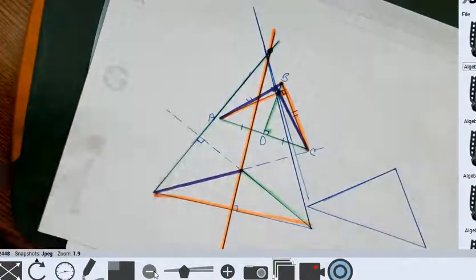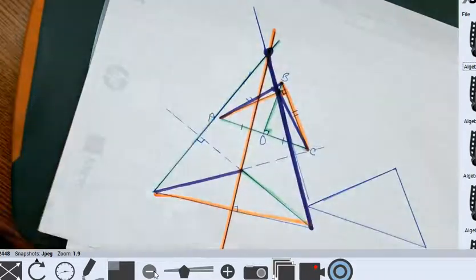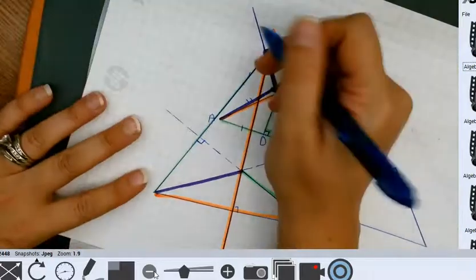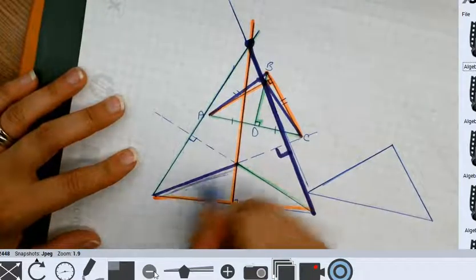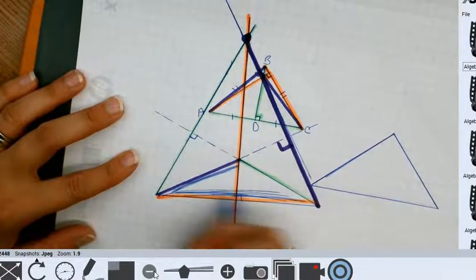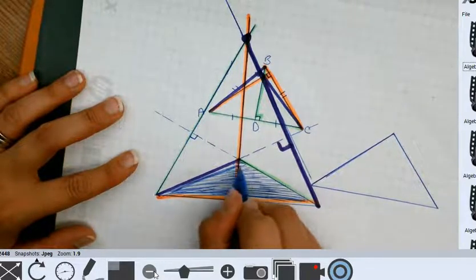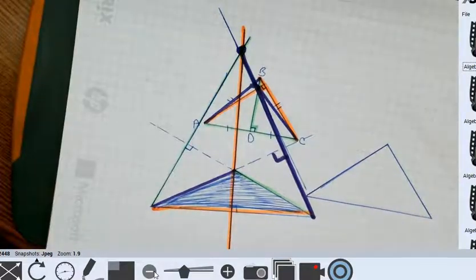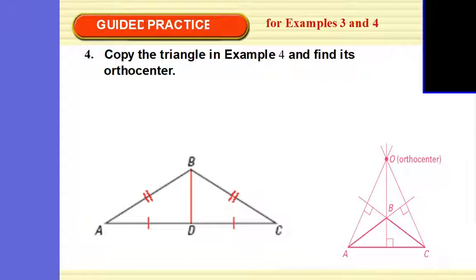Anyway, so this one, and you can see that our orthocenter is clearly outside our original triangle, is here. Okay, that's our original triangle, and our orthocenter is located outside. All right, I hope you guys are starting to get this. Let's go back to here.